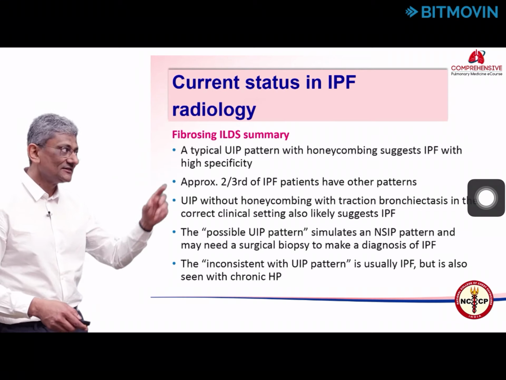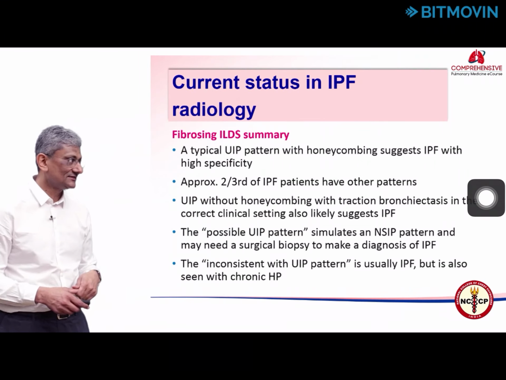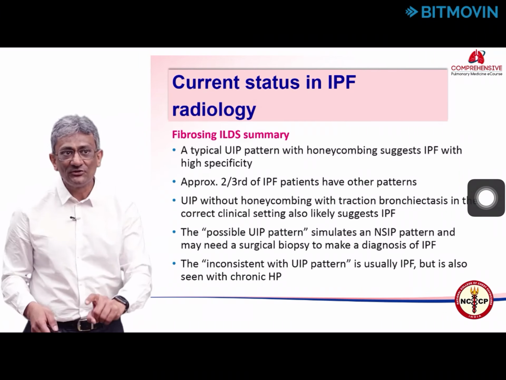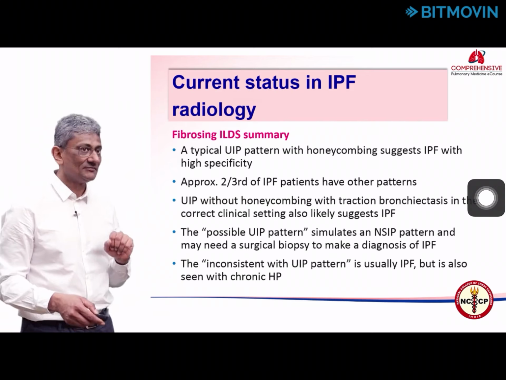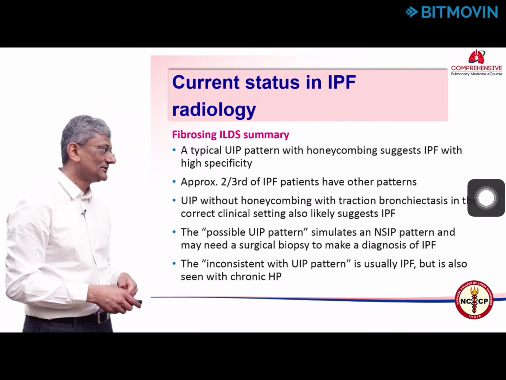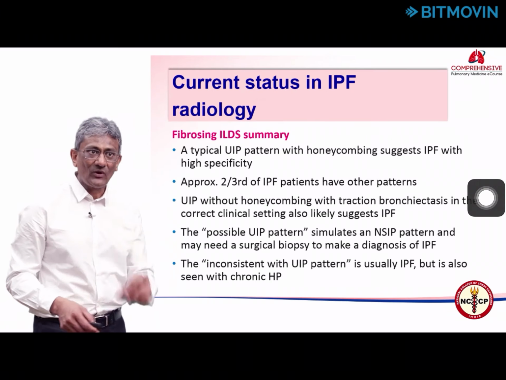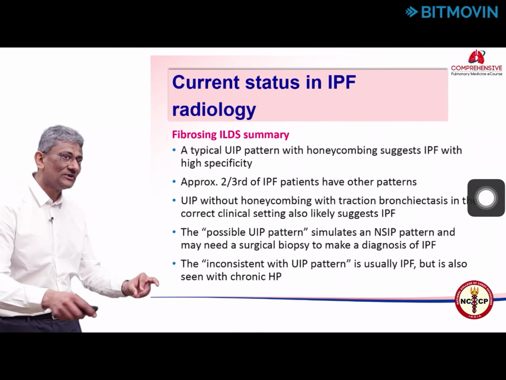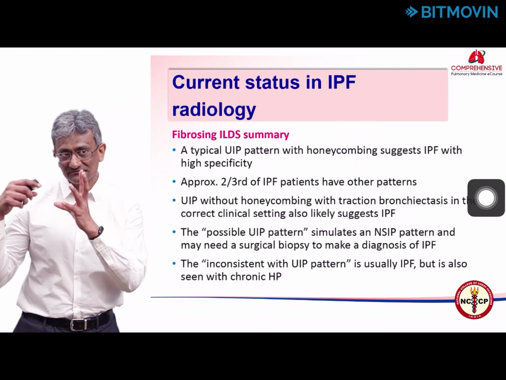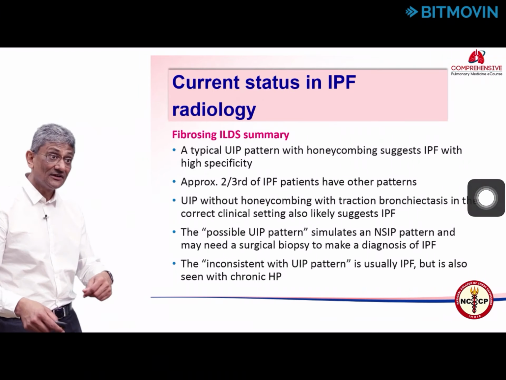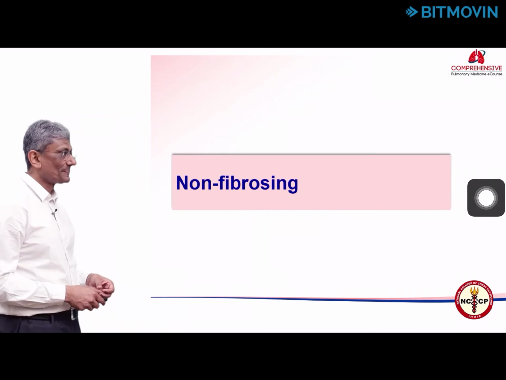These other patterns include the UIP without honeycombing pattern, but where there is traction bronchiectasis, and the possible UIP pattern that simulates an NSIP pattern and often requires a surgical lung biopsy, especially in younger people, and the inconsistent with UIP pattern, where we also have to deal with the equally possible chance of chronic HP, or perhaps a larger incidence of chronic HP.